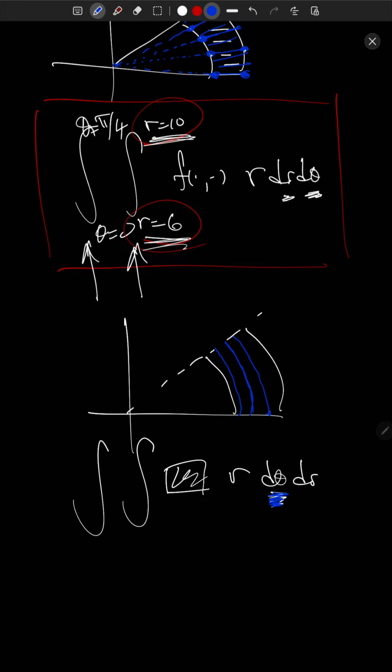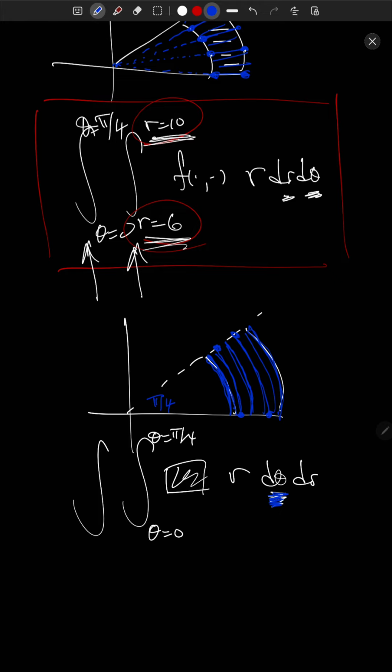You can see this is also going to be very consistent in that our arcs always start at theta equals 0 and end at theta equals pi over 4. Again, this angle here is pi over 4. Start at 0, end at pi over 4. And so our inner limits of integration are theta equals 0 to theta equals pi over 4. If we want to fill this region up with arcs, we're going to start with the closest arc, and then we do farther and farther arcs until we get to the farthest arc.